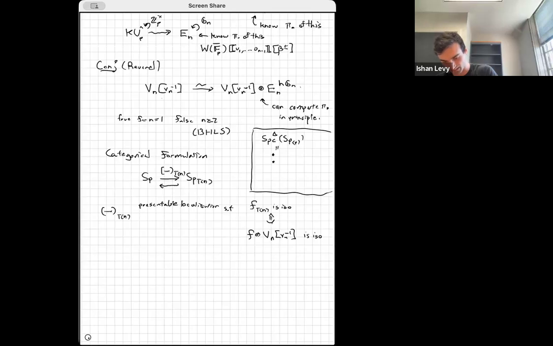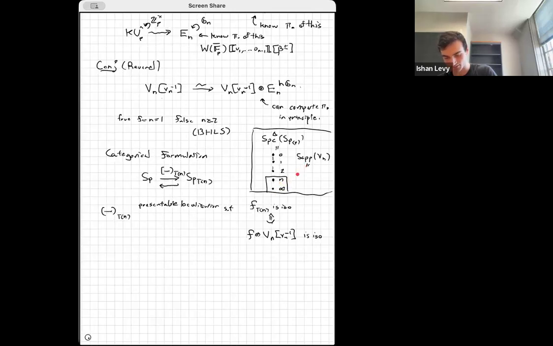the following space. It's the space which has points labeled by the natural numbers and infinity, and this is sort of the universal support of finite spectra, and the support of Vn is exactly the subset of things n and beyond.